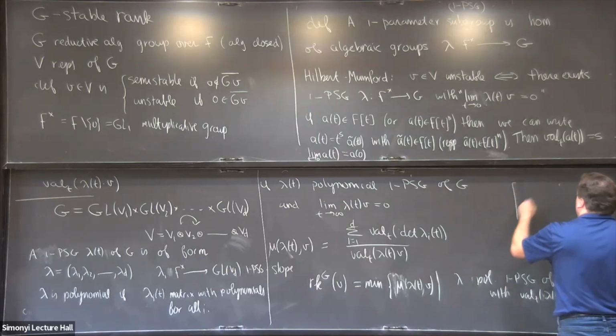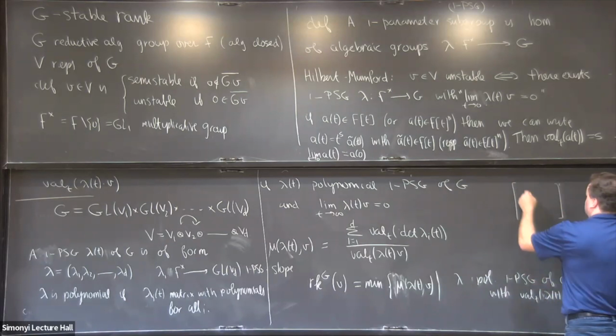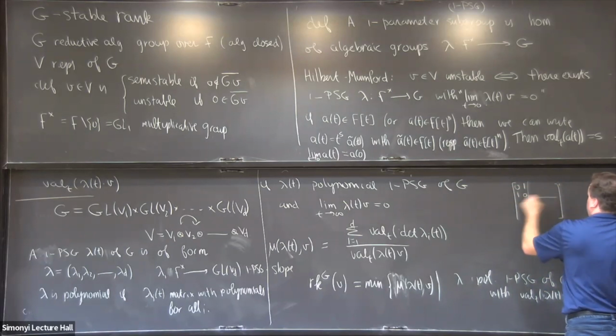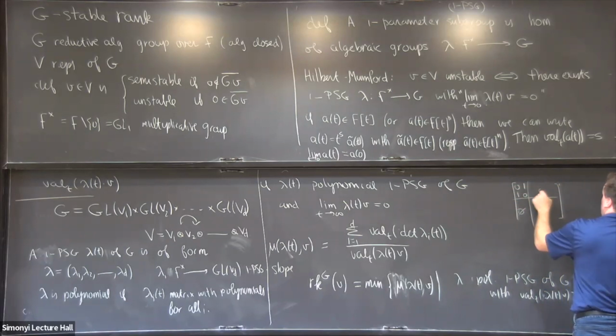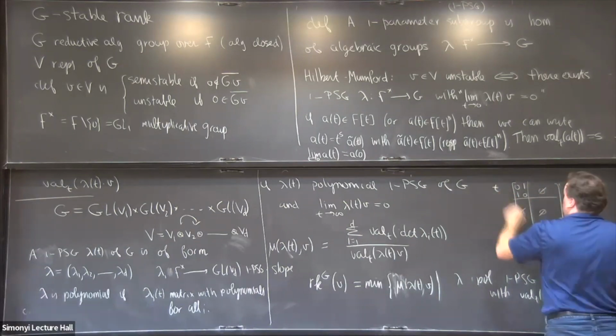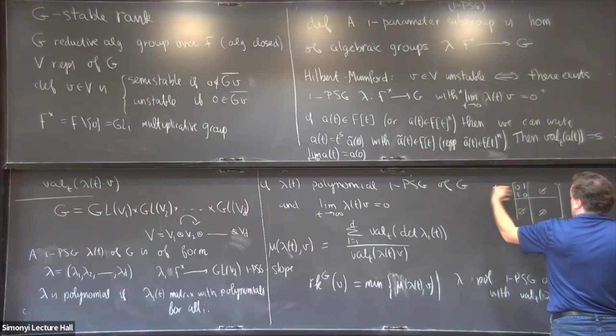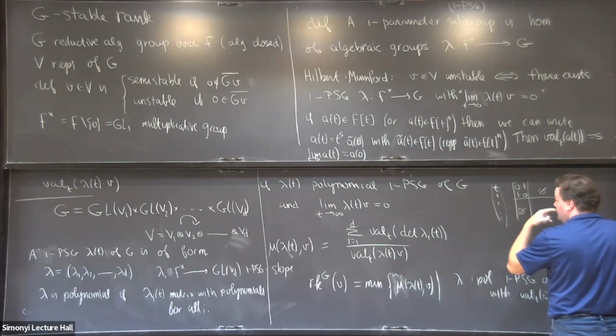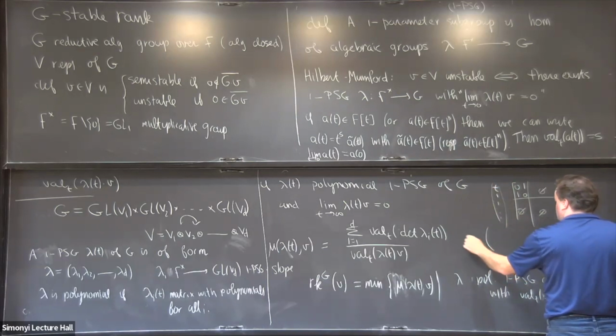So for example, if I had a matrix of rank 2, maybe like this, and then the rest all zeros, then I could multiply on the rows by t, 1, 1, etc. So that gives you a one parameter subgroup. So this lambda_1(t) would be t and then ones.